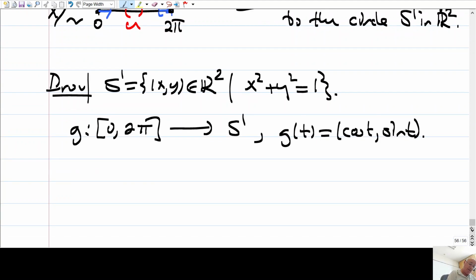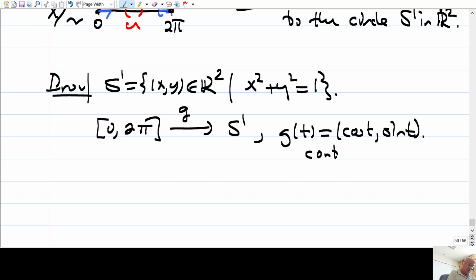Well, this function is one-to-one everywhere except the ends, right? 0 and 2π are mapped to the same point, but besides that, it is one-to-one. And g is clearly continuous, right?